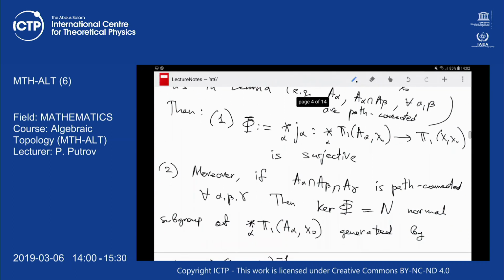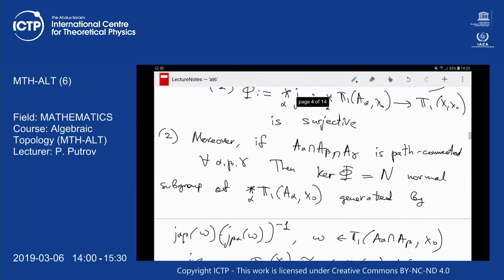And the second part answers the question about the kernel of this map. So the kernel is given by the normal subgroup which is generated by elements of such form, where J alpha beta is the pushforward of the map which is the inclusion of A alpha into the intersection of A alpha and A beta.